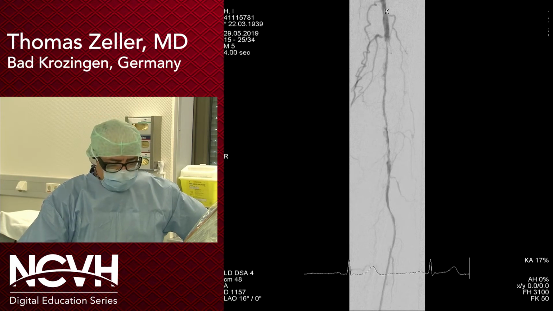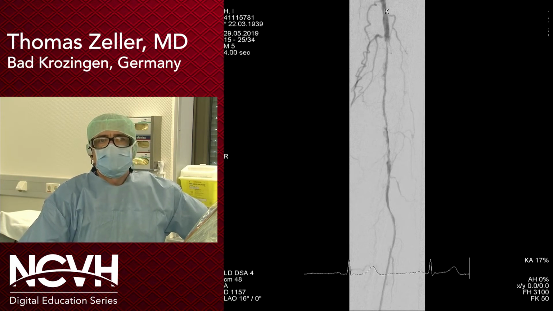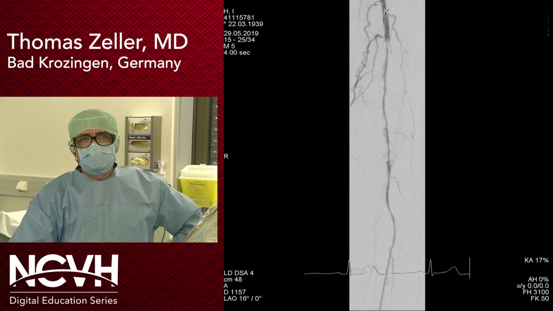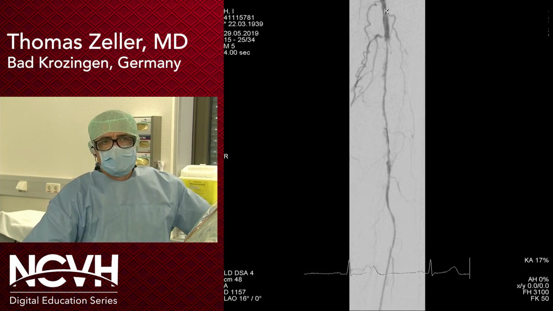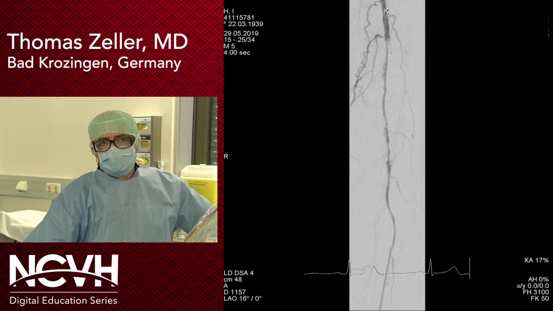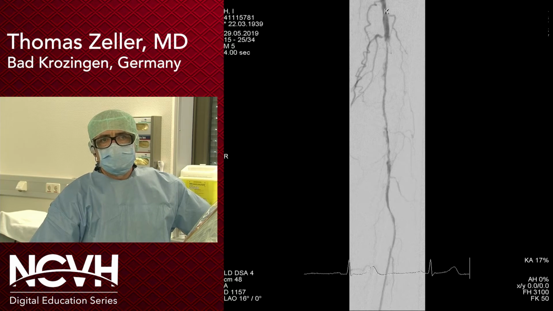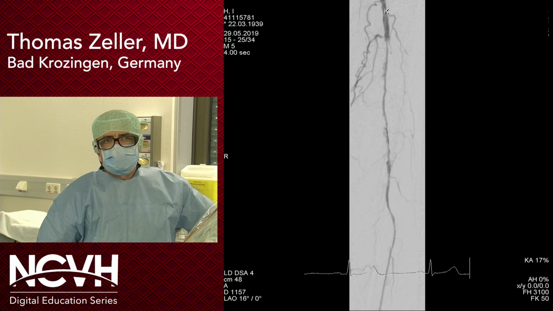In this particular case, I have prepared a 5 by 150 millimeter Ranger balloon. This is a low-profile drug-eluting balloon, and I did consider not to use a pre-dilatation balloon here because I'm sure that due to the low-profile nature of this particular DCB, I should be able to get access to the popliteal artery without pre-dilatation.